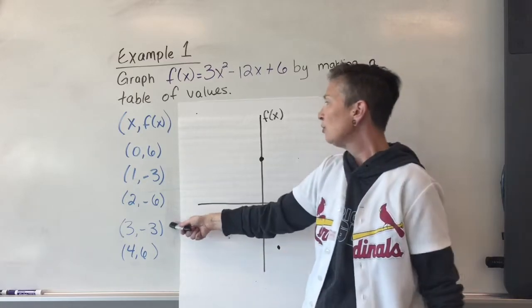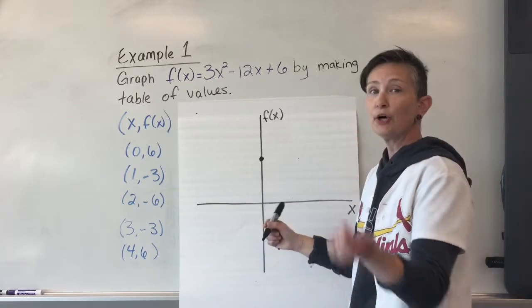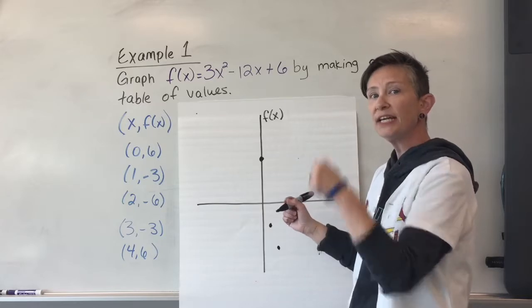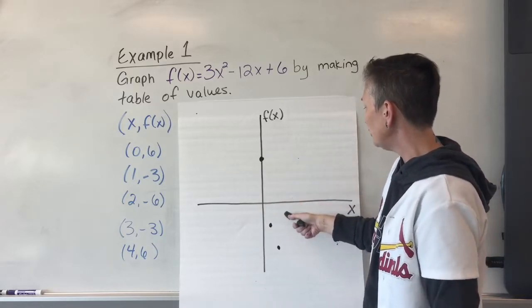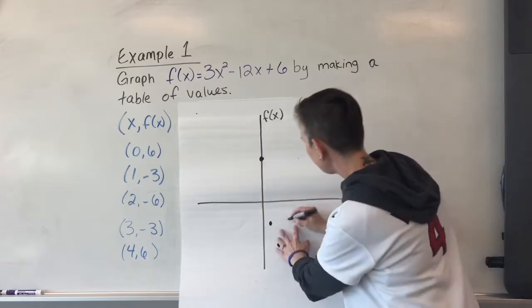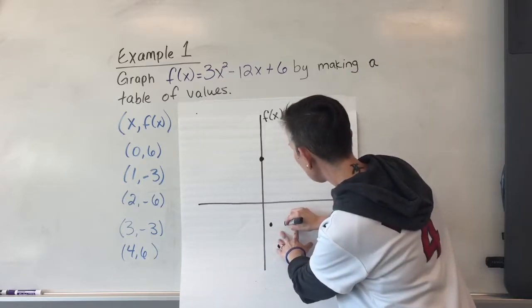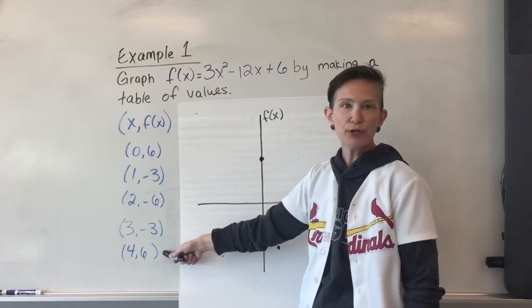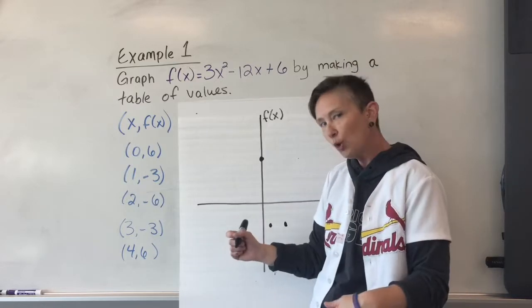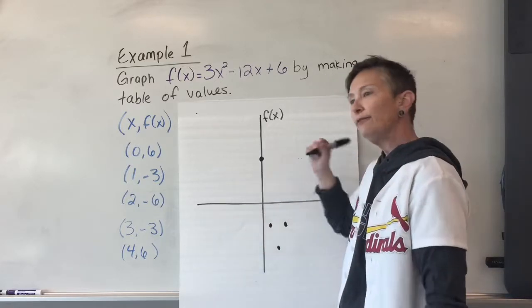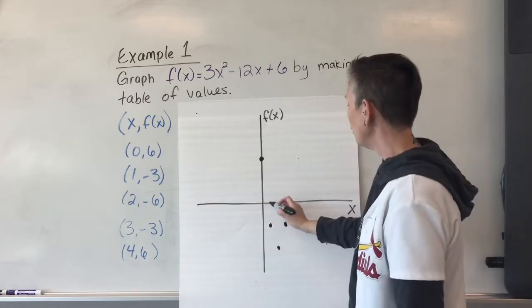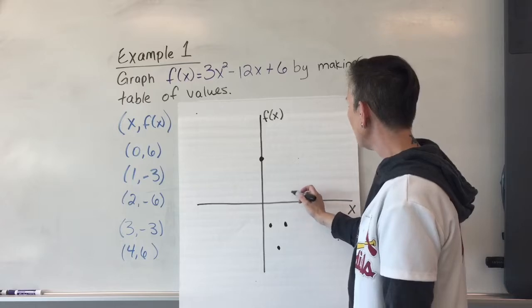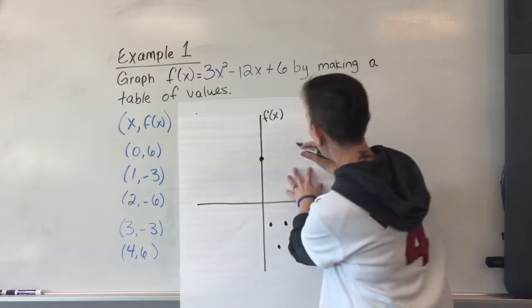Okay. Next one is 3, negative 3. So I'm going to go to the right 3 from the origin and down 3. 1, 2, 3. Then down 1, 2, 3. And then my last coordinate is 4, 6. Again, back to the origin. I go to the right 4 and up 6 because now they're both positive.